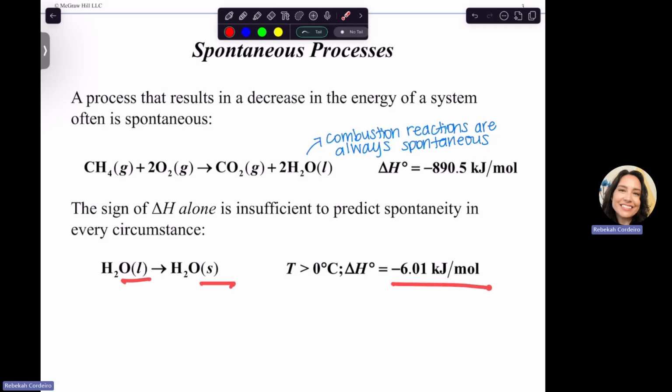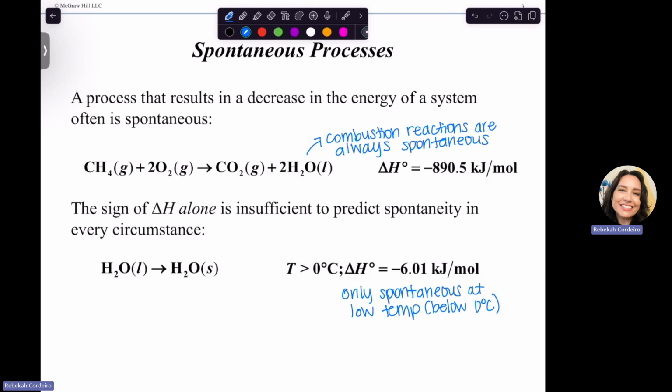But it doesn't always happen. It's not always spontaneous. This is only spontaneous at lower temperatures. So liquid doesn't turn into solid at any temperature, only at low temperatures, so below 0 degrees C.